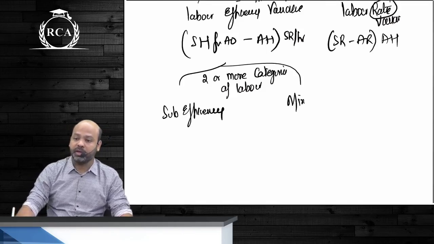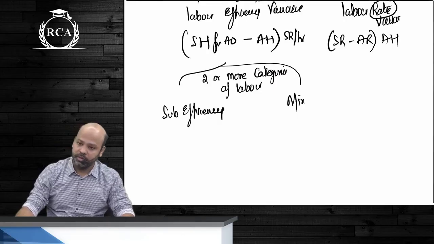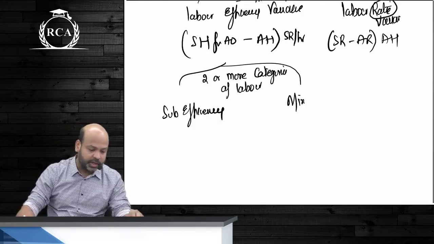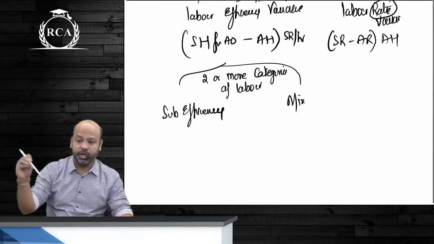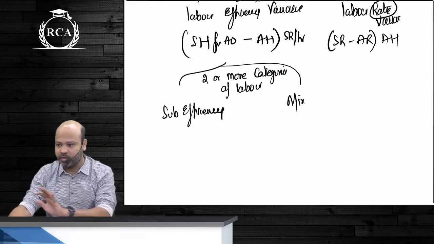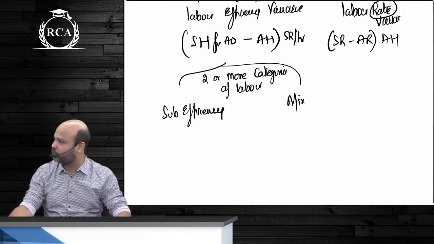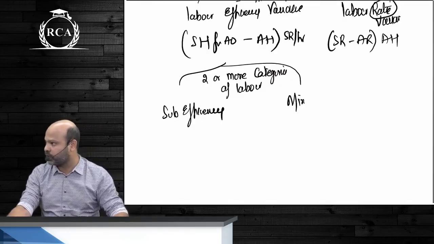Mix variance arises when you change the composition of the workforce. So instead of having 10 articles, there were 5 articles but more assistant managers. The total number of employees is still the same, but we have changed the internal composition of those employees. That will result in mix variance.